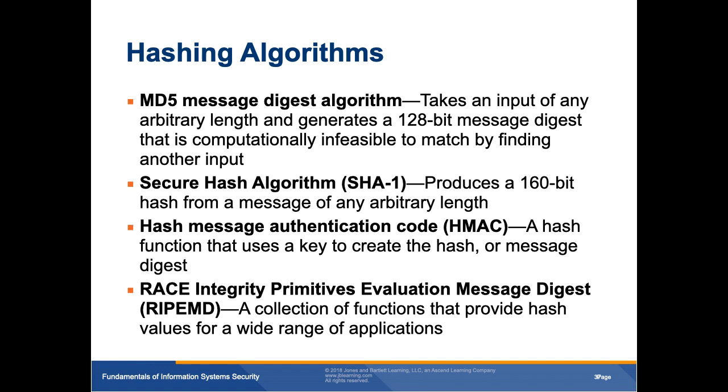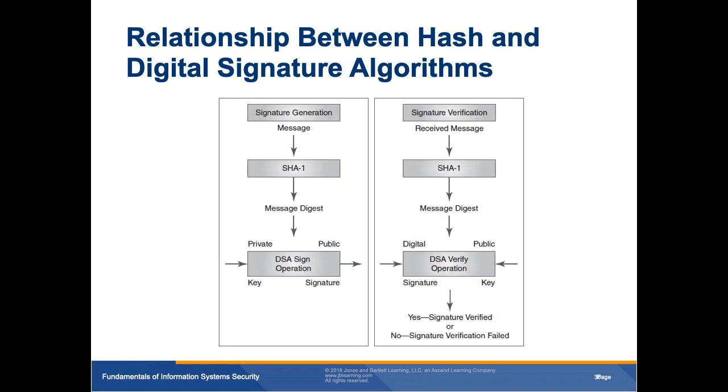If you're developing against Facebook or Twitter and using their APIs, you would use the hash message authentication code to validate and gain access to the APIs. RACE Integrity Primitives Evaluation Message Digest, or RIPEMD, is a collection of functions that provide hash values for a wide range of applications.